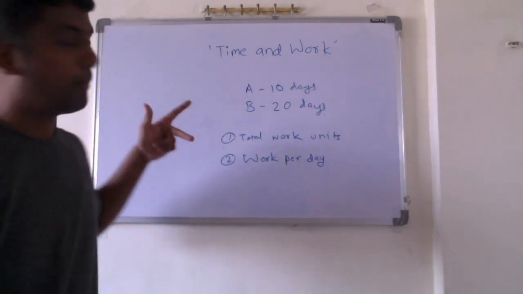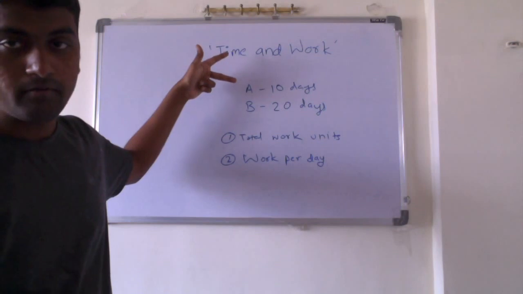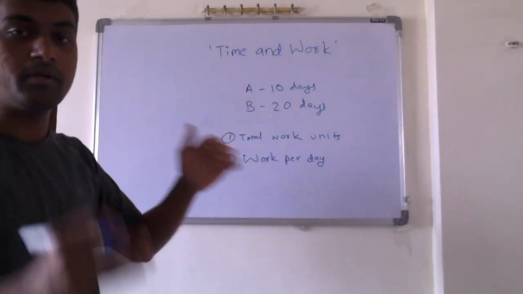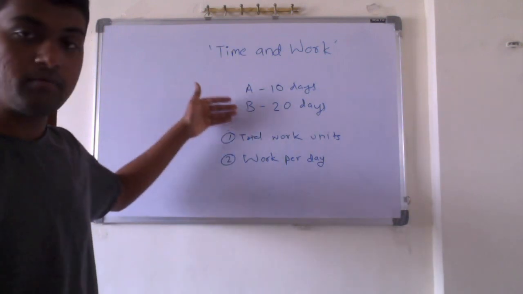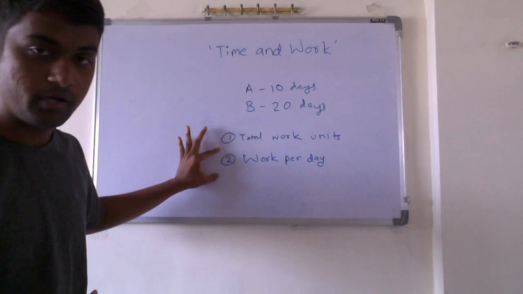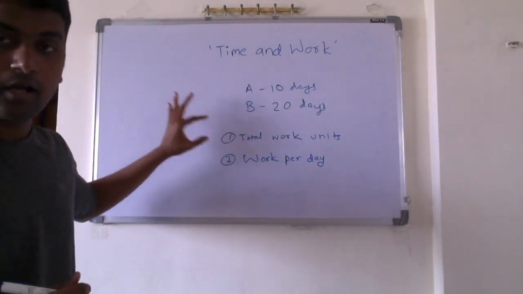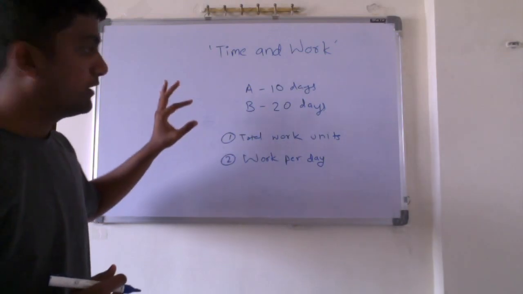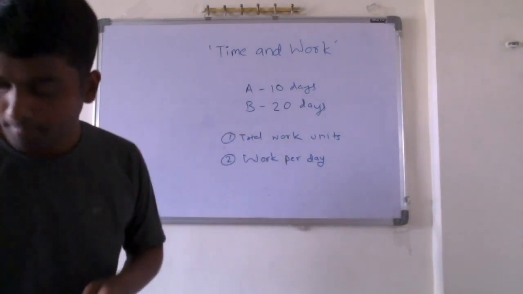These are two approach methods to solve time and work problems. There is no hi-fi concept involved in time and work. It's basic arithmetic, which can be approached in two different methods, which are total work units and work per day. I'll explain these concepts one by one, and then we'll solve a problem on this.